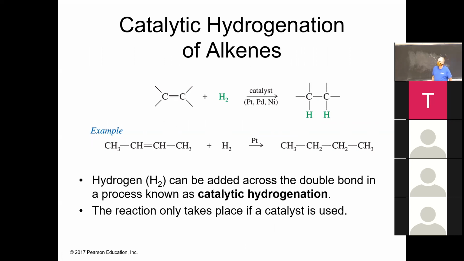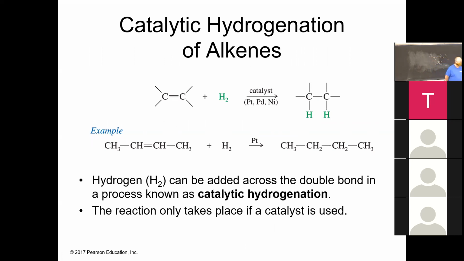All right, now we're going to turn our attention to a different mechanism. This does not involve ions. This is one that takes place at the surface of a metal catalyst.